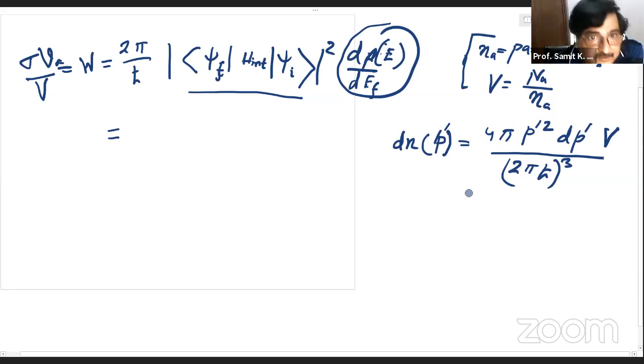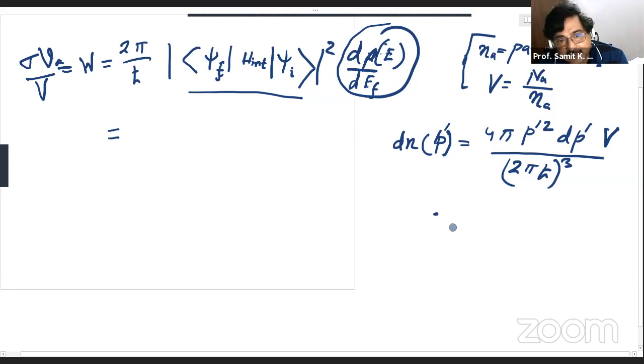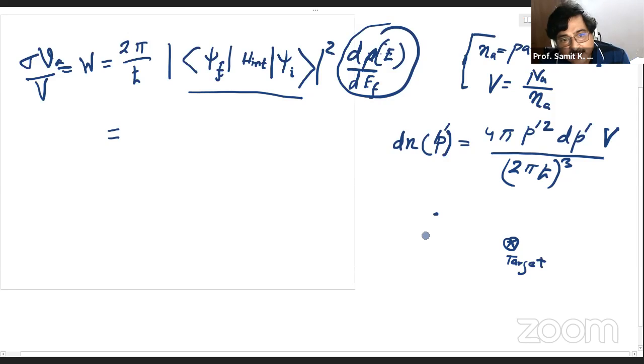So now if you insert all the values here, and we consider electron scattering, my electron is here and then it will be scattered off by this target. We can say this is my target nucleus, and this is my projectile, which is basically the electron.